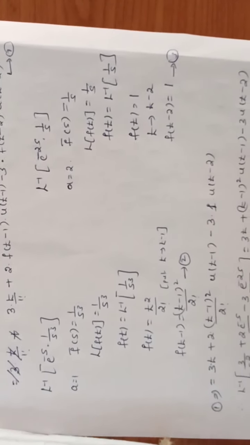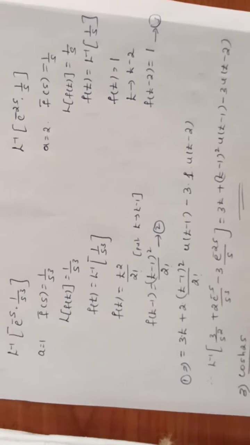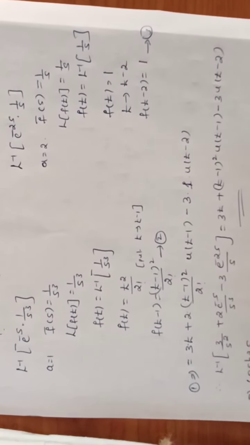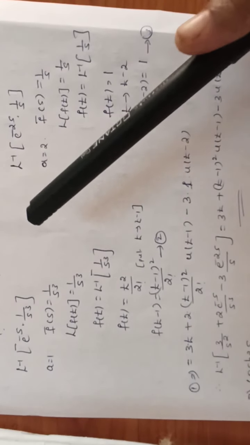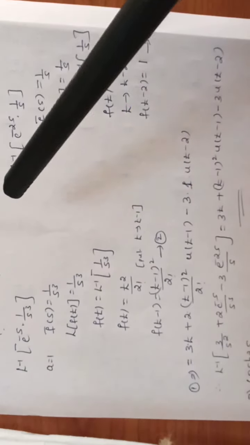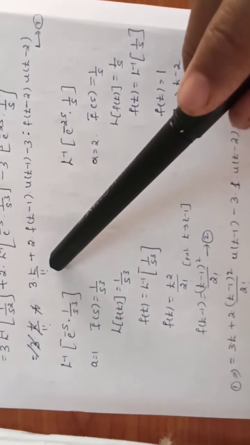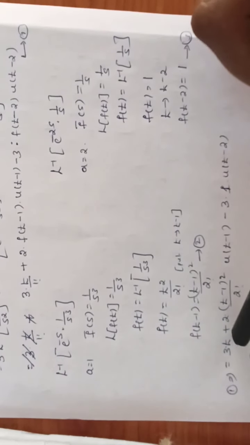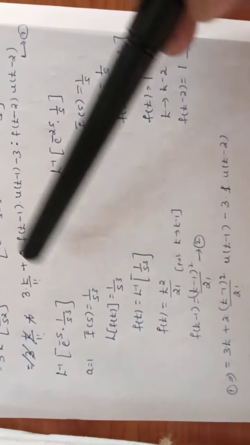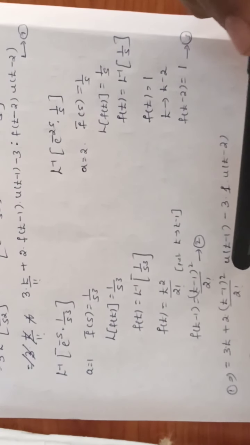So let me show you equation number 1. 3t by 1 factorial is 3t itself, plus 2 into f of t minus 1, whose value is t minus 1 the whole square by 2 factorial.